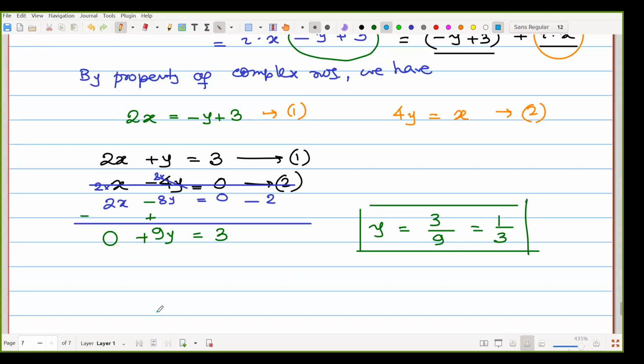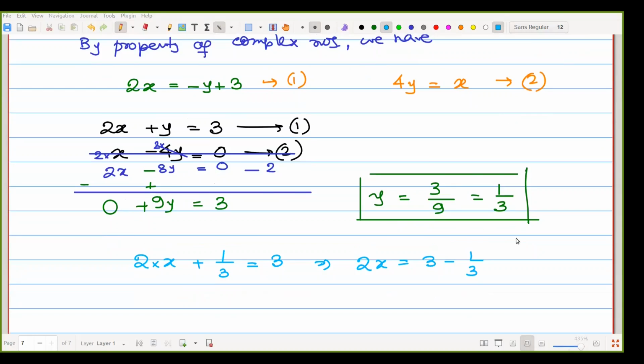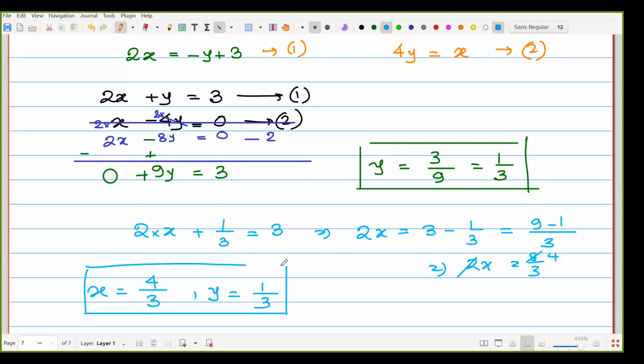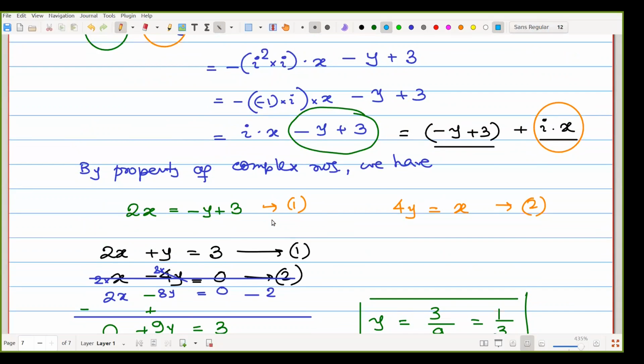And from the second one, 2 into (x plus 1 by 3) is equal to 3, or 2x is equal to 3 minus 1 by 3, or here we have 9 minus 1, 8 by 3, 2x is equal to 8 by 3, which can be written as x is equal to 4 by 3. So x is equal to 4 by 3, y is equal to 1 by 3. That is the solution for that particular problem.